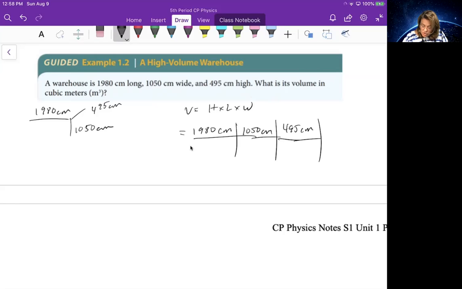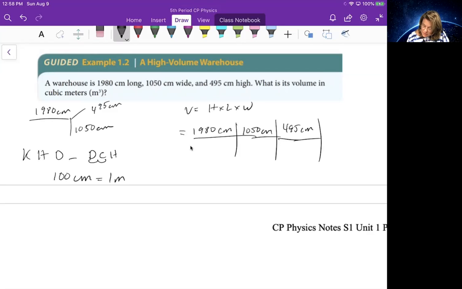They didn't want cubic centimeters as an answer. What did they tell me they wanted it in? Meters cubed. Well, how many centimeters are in a meter? King Henry died drinking chocolate milk. I have to move the decimal point one time. I know that 100 centimeters is equal to 1 meter.